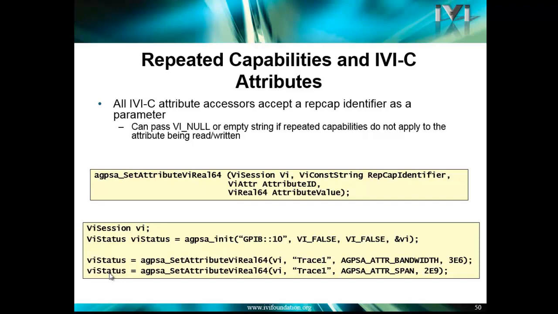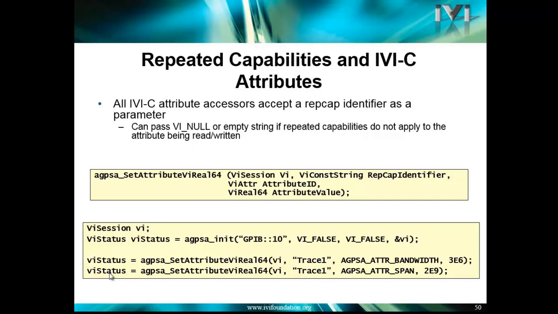So repeated capabilities show up in IVI-C, both functions and attributes, because obviously there are things that get repeated of both styles. So one of the things that's common to all of the IVI-C APIs, which we haven't looked at in detail yet, is that the first parameter is always the session, the VI. The second parameter is always that repeated capability identifier. So the challenge with C is that in the C programming environment, there's not the notion of being able to have a collection of interfaces or collection of objects.